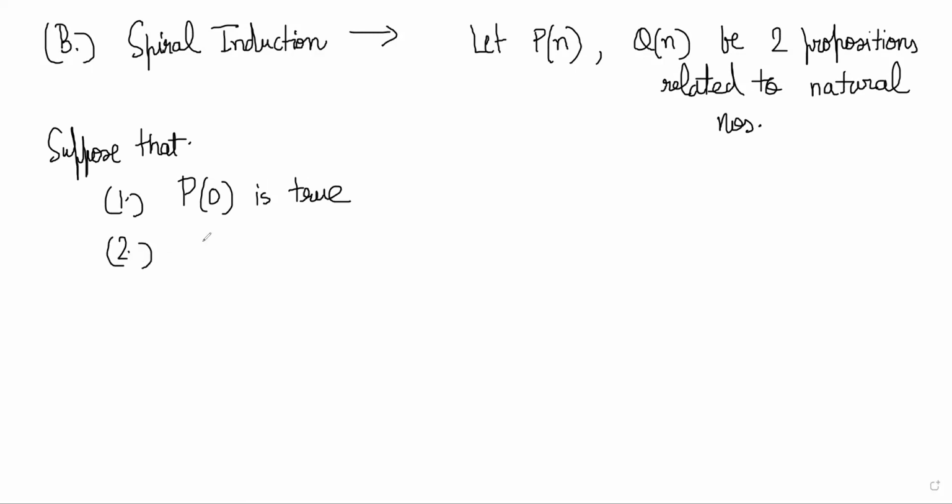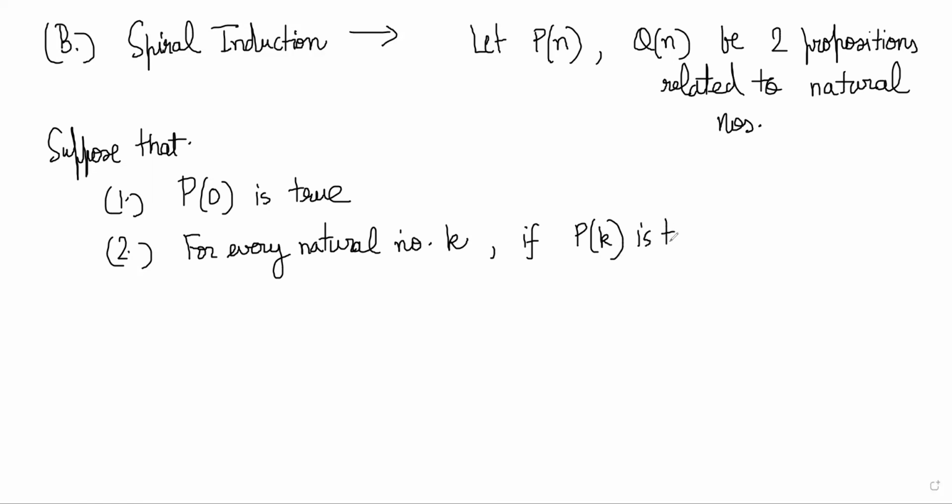And secondly, for every natural number k, if P of k is true, it implies that Q of k is true.